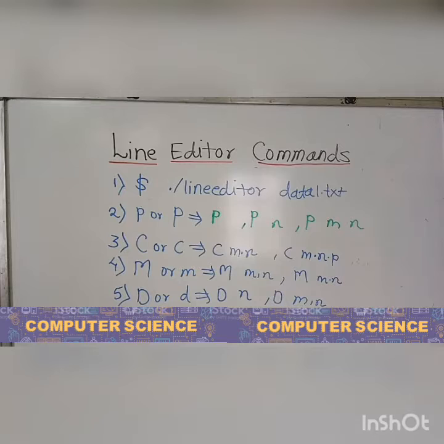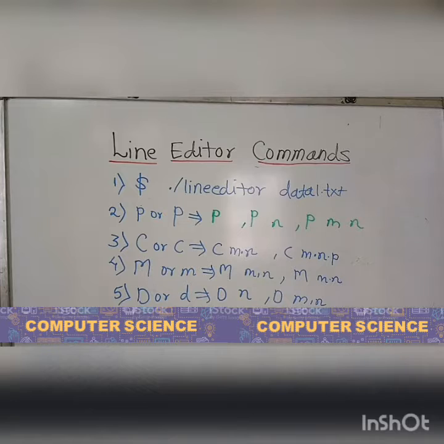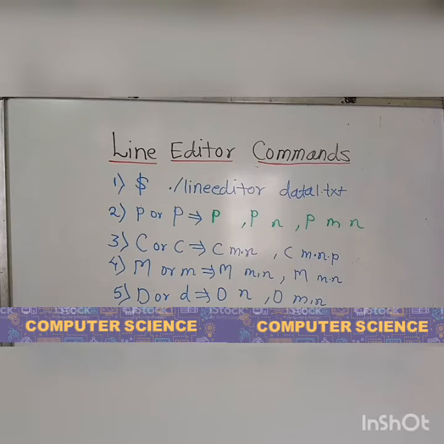In this video, we will see the different line editor commands for processing any data. We all know that a line editor only functions up to a single line, meaning the scope of any command is limited to that single line.